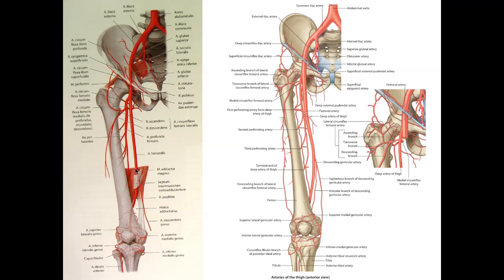And also through the medial wall of this canal a small vessel comes downward. It's arteria descendens genus. In the right part of our picture this arteria descendens genus is here.